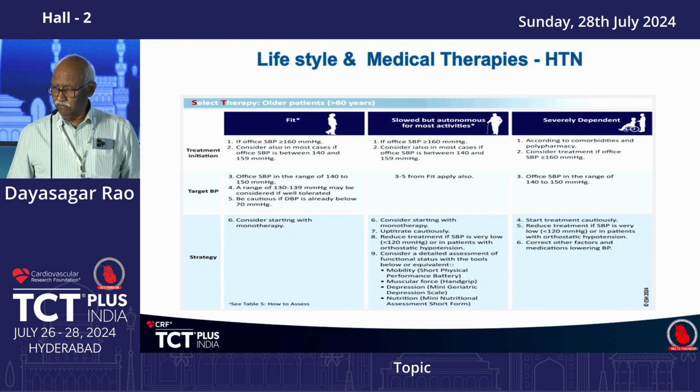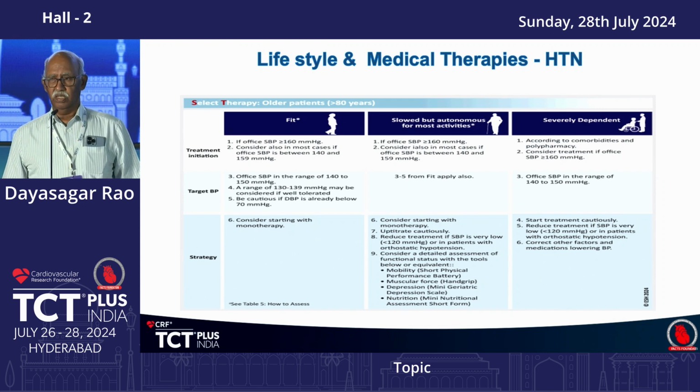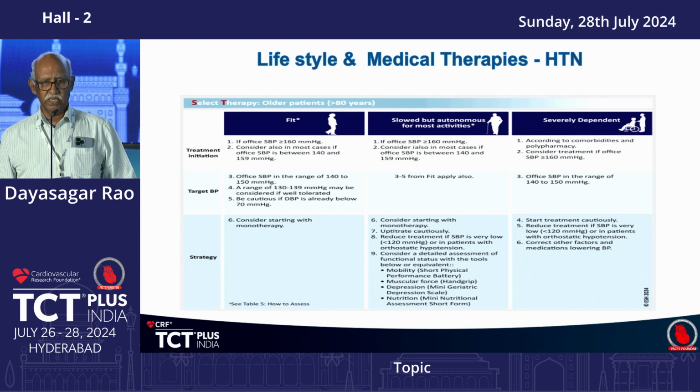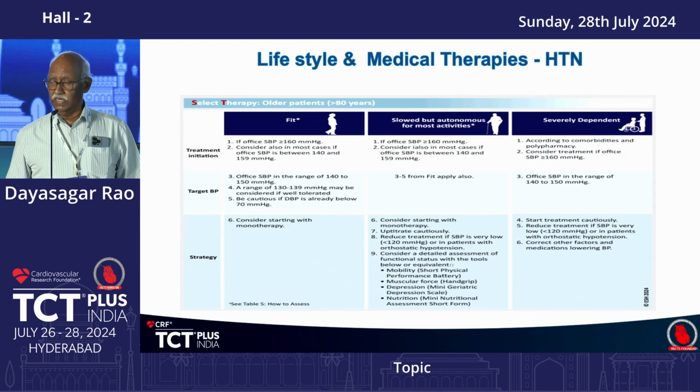The target blood pressure for many adults is basically 130/80 or less, but then it may not be applicable to all the patients, especially in the elderly beyond the age of 80 years. So you need to consider slightly more liberal levels of blood pressure to achieve in patients who are frail and who are severely dependent, where the target blood pressure of 150 or even 160 may be practical rather than pushing them to 130/80.